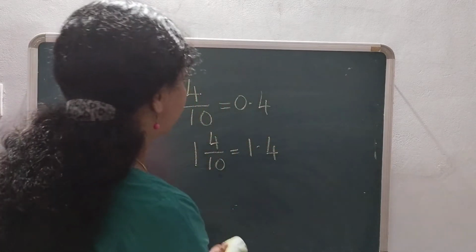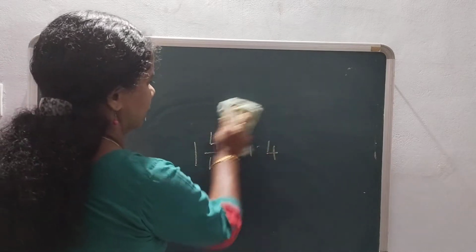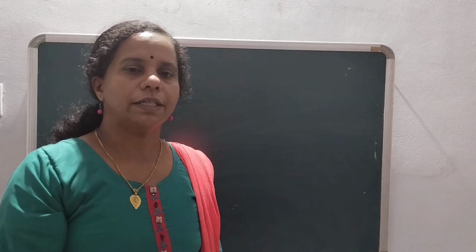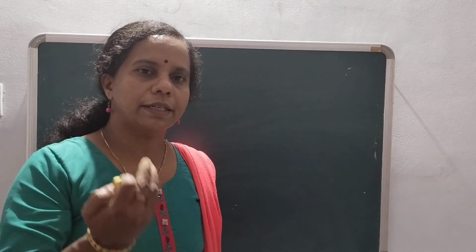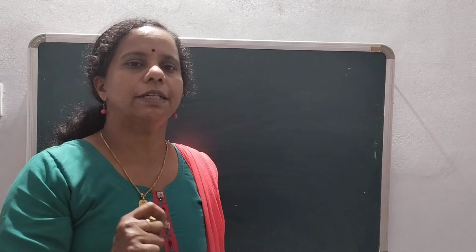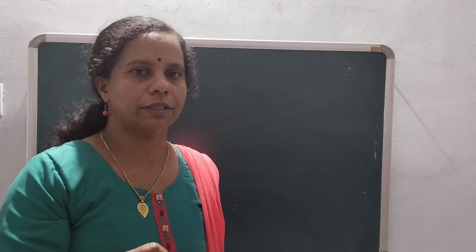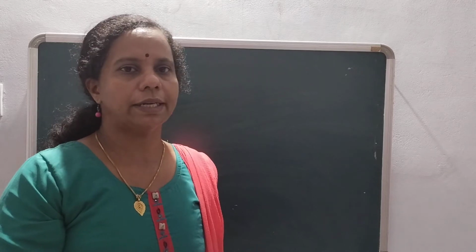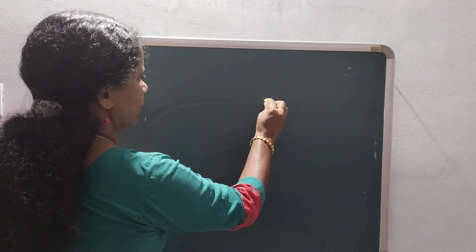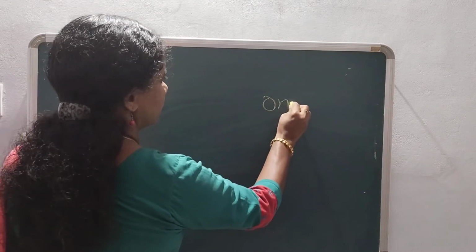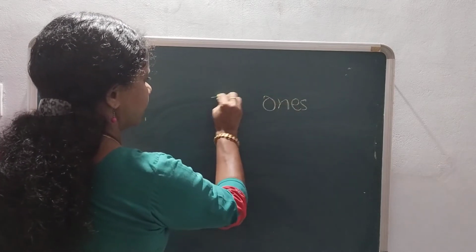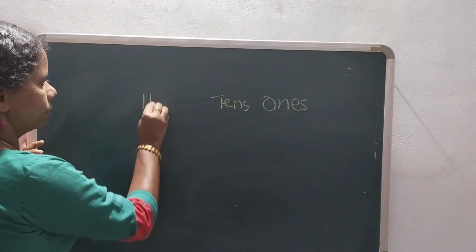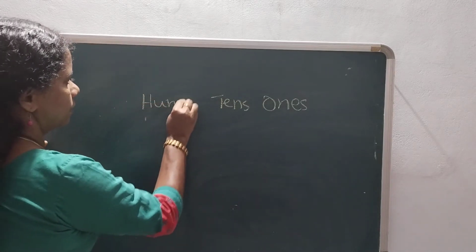Now today we will learn how we will represent the whole number and decimals together in the place value chart. For representing the whole number, as you had already learned, the place values are ones, then tens, then hundreds.